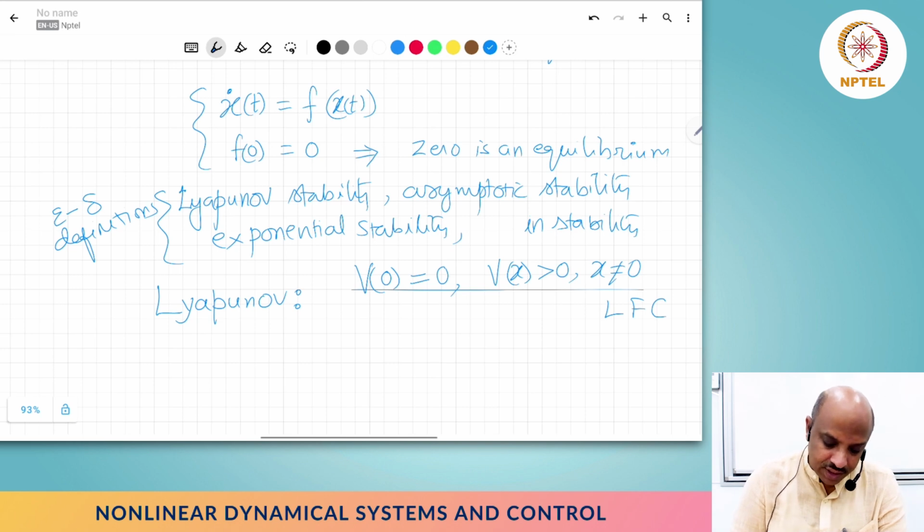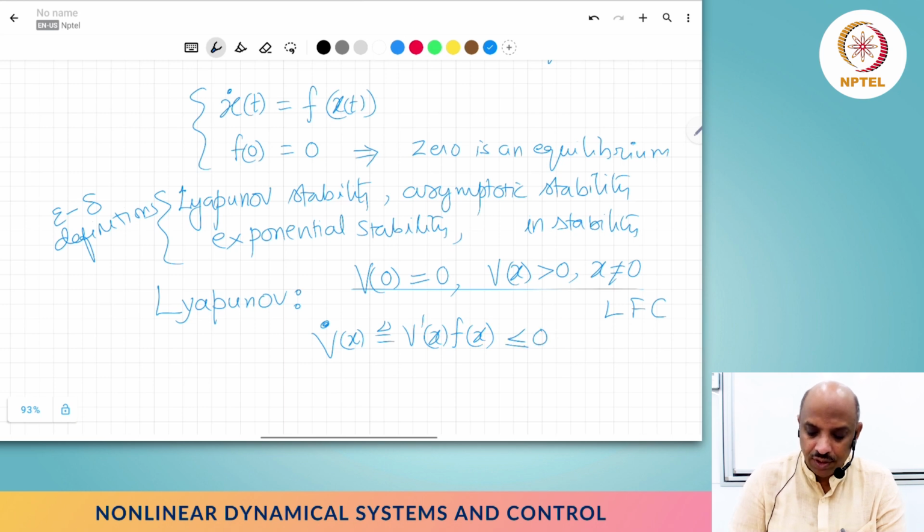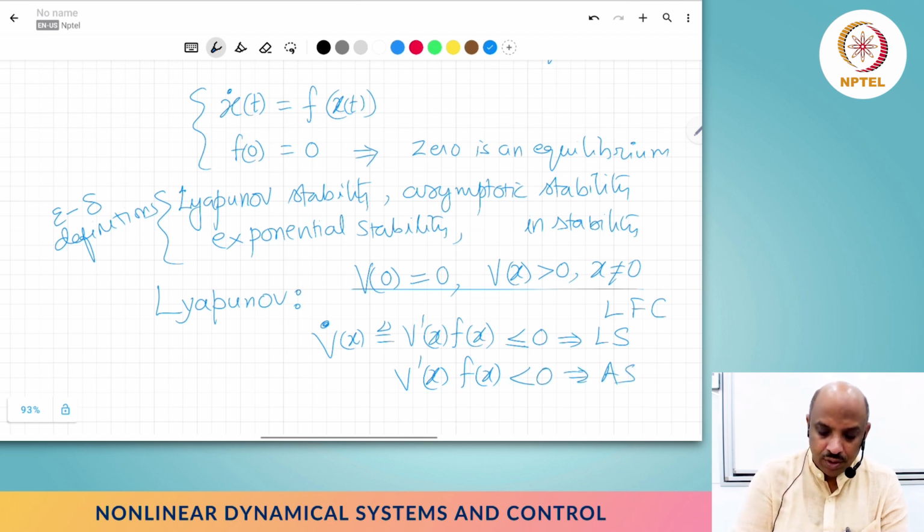The next one is, if we have v dot of x defined as the inner product of the gradient of v with f, and it is less than or equal to 0, then we have Lyapunov stability. And if we have strictly less than 0, then we have asymptotic stability.